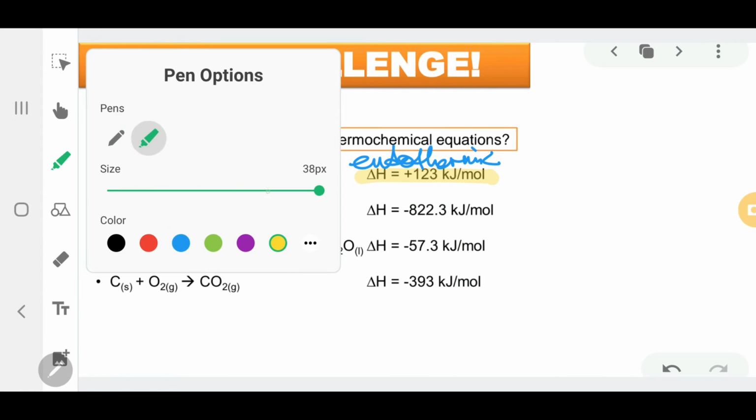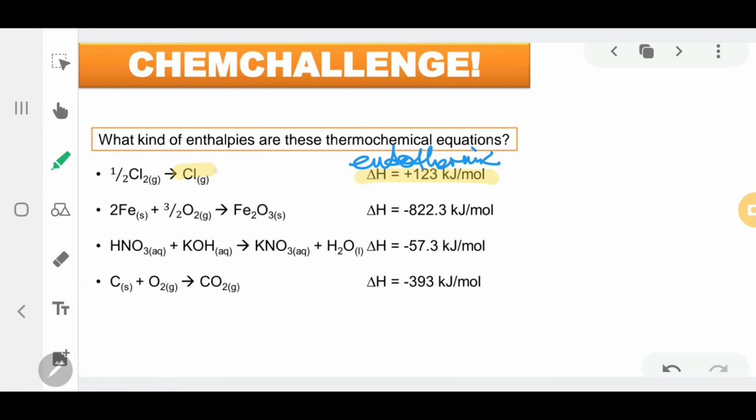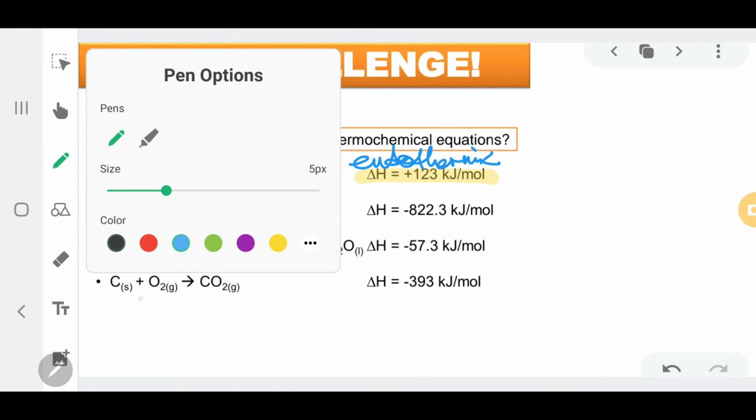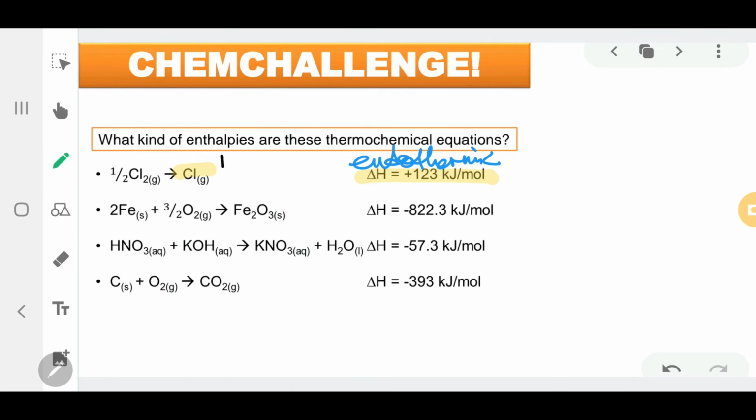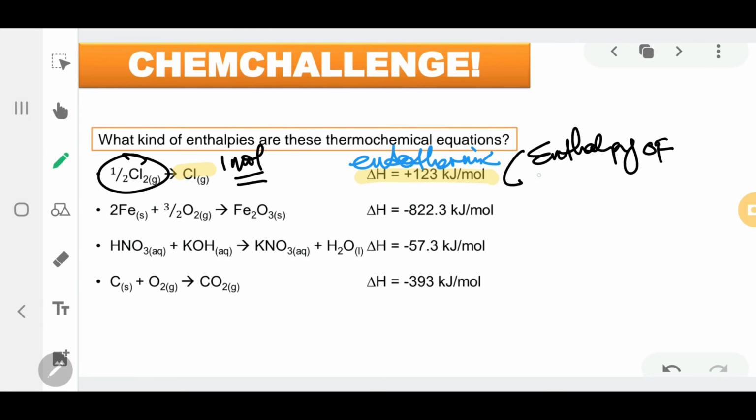And you have 1 mole of that being produced. So that is 1 mole from the elements. So this is the enthalpy of atomization.